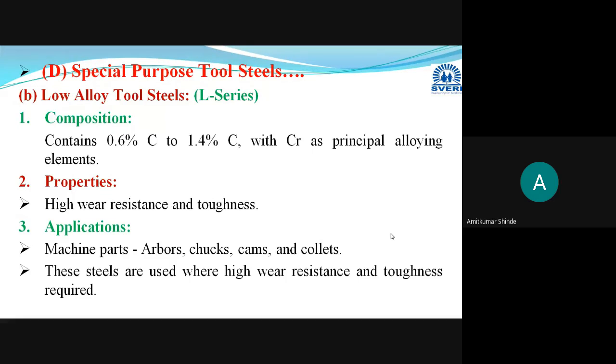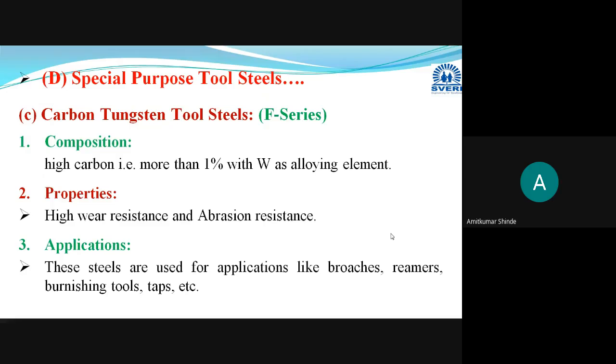Then after this, the third type of special purpose tool steel is carbon tungsten tool steel. These are denoted by the F series. As far as composition is concerned, these are high carbon steels containing more than 1% carbon with addition of tungsten as the alloying element.